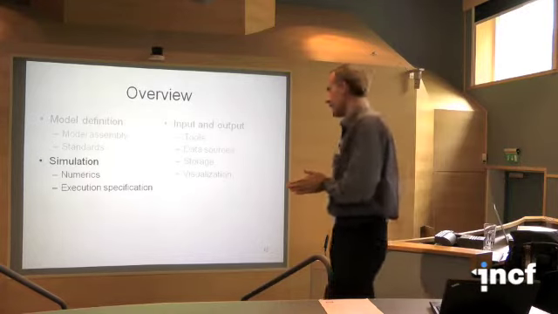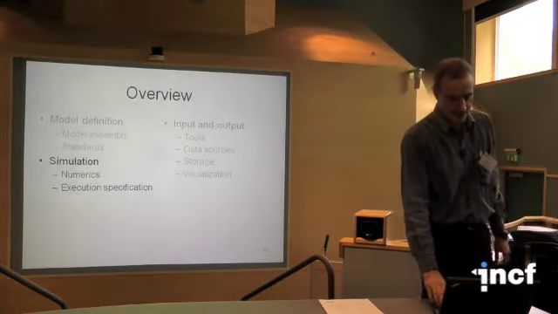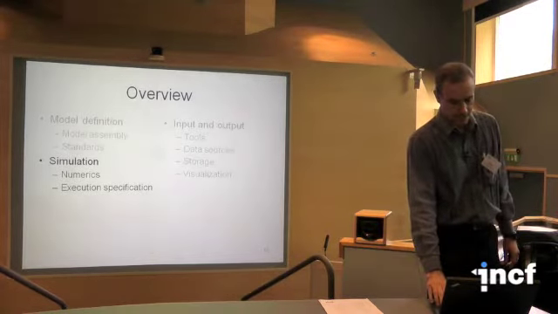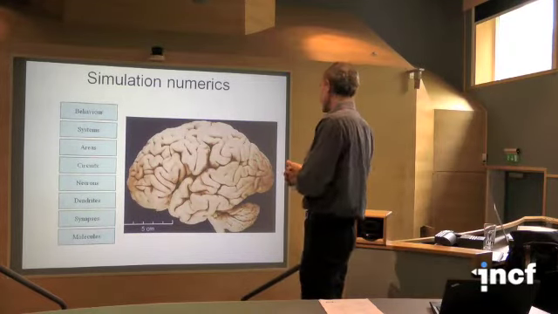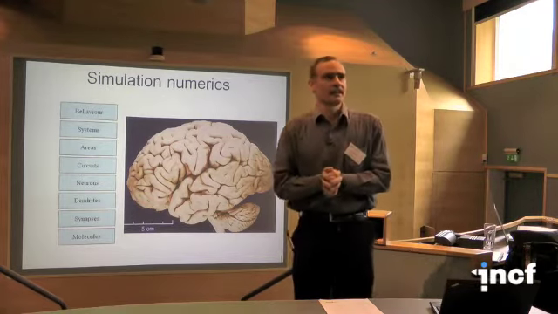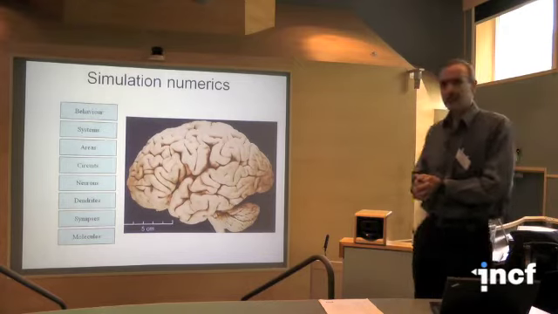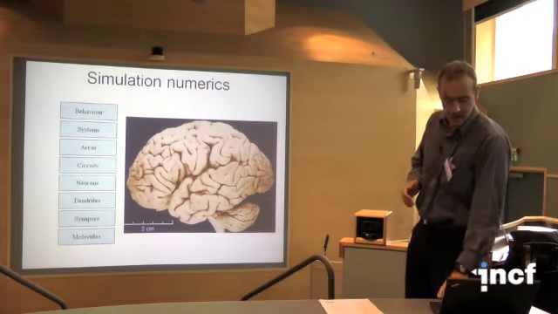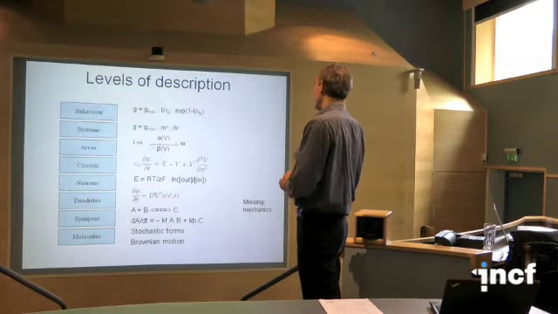Having brought that to your notice, let me move on to some of the fun and games we have with simulations. So the numerics, and this is a familiar figure, in fact, of the brain. We would like to model everything from molecules to the whole brain, and everything in between. So here are some of the major equations which belong in here.